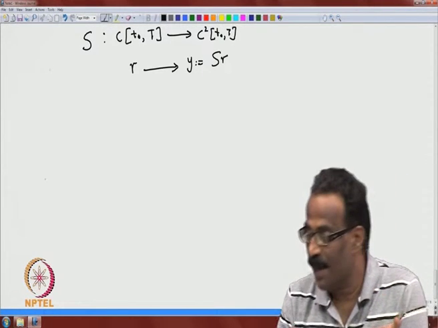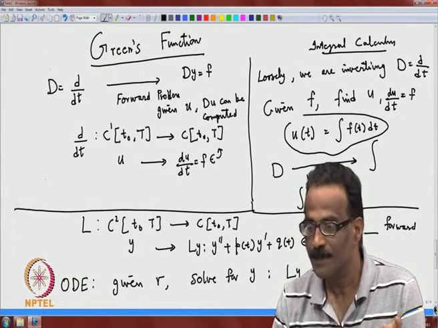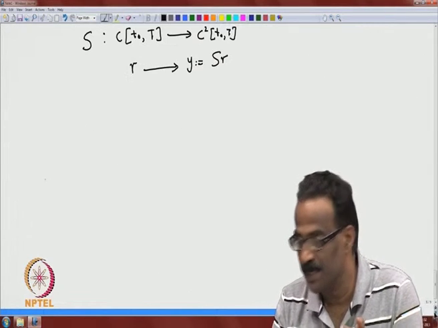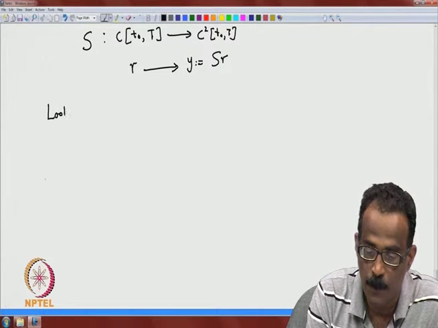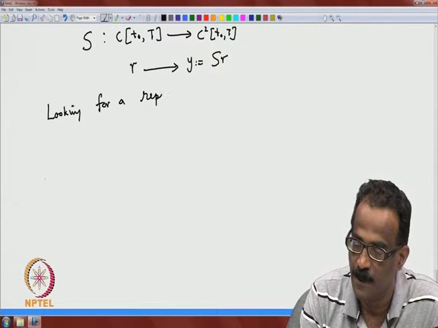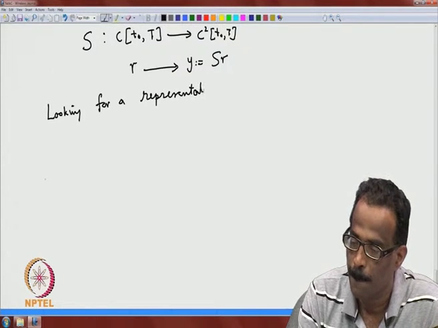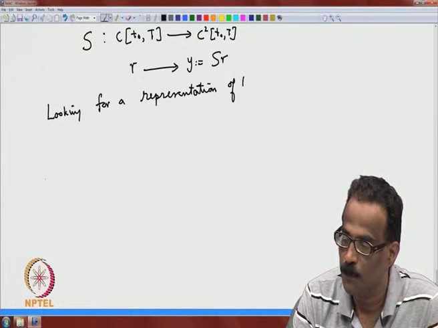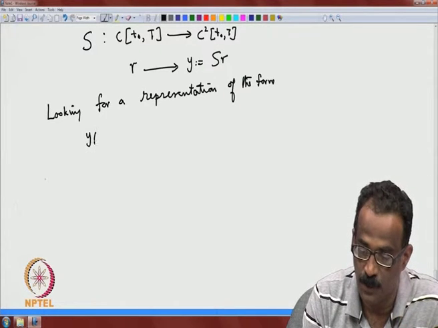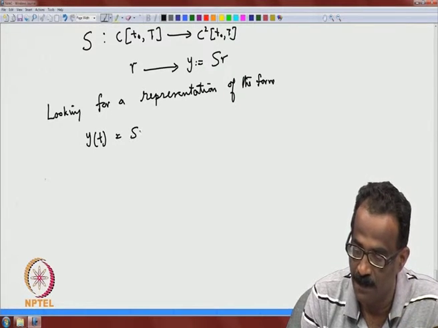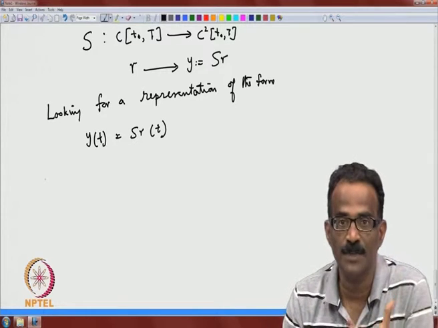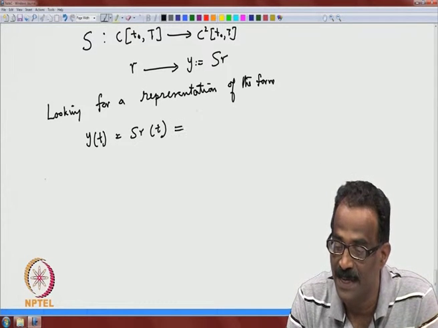So, our question, analogous to this, is that we are looking for a representation of the form: you want to represent y as a function of t, that is nothing but S R. S is an operator, and you want to get a representation of this operator S in an integral form.